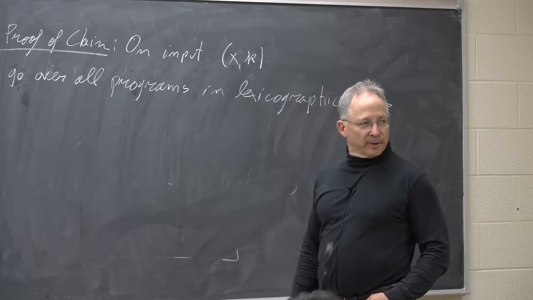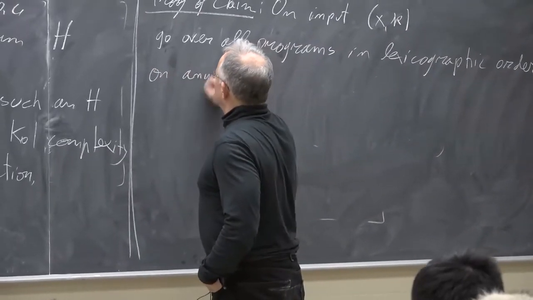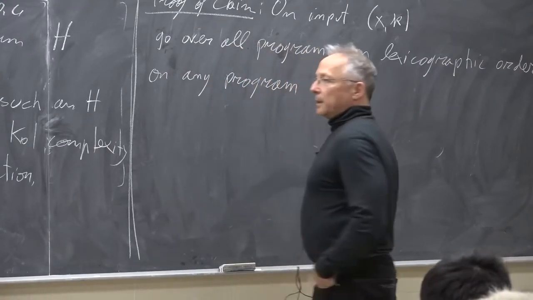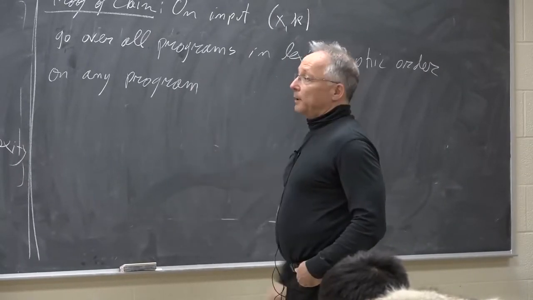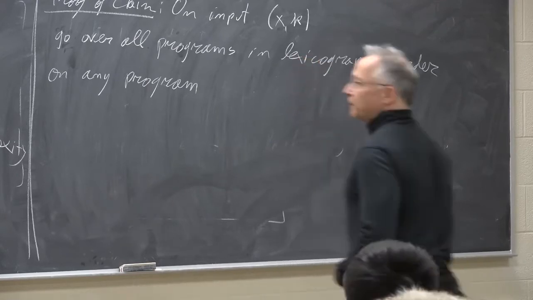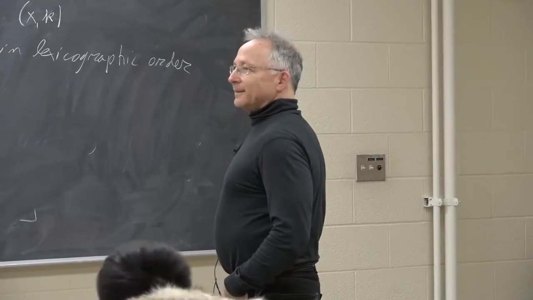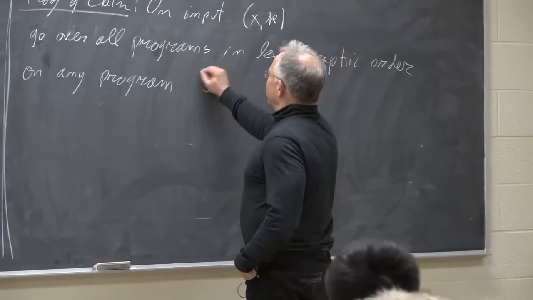If it's a program, on any program that you come along, so how shall we call it? Now we've already exhausted our P's and our F's. Yeah, it's not a good name for a program. Okay, let's call it capital J.